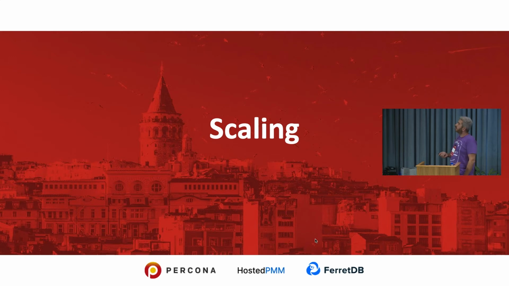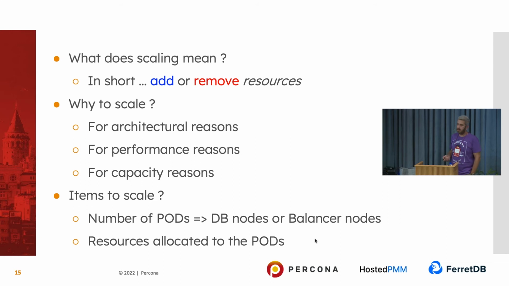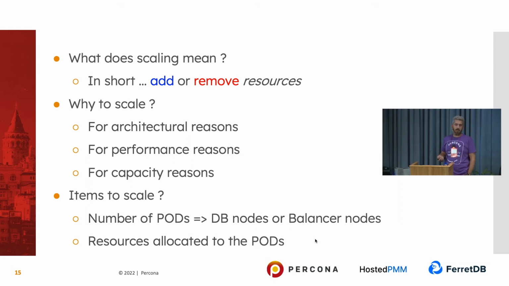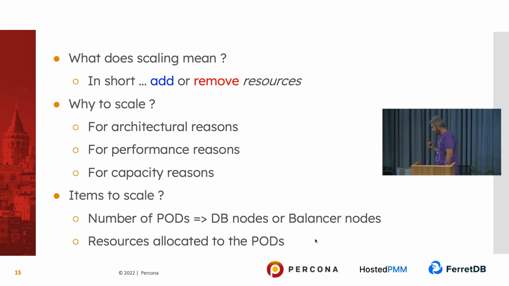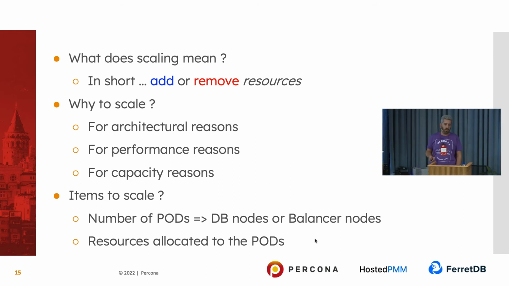And what about scaling? I think this is something we already know. Add or remove resources. And why do that? Either for architectural reasons or for performance reasons. I want to add more nodes because I want better performance, or I have a new data center and I want to deploy Kubernetes on a new region, or for capacity reasons.